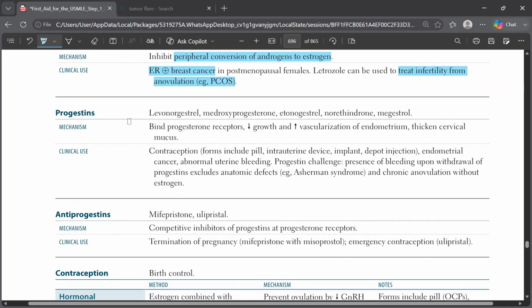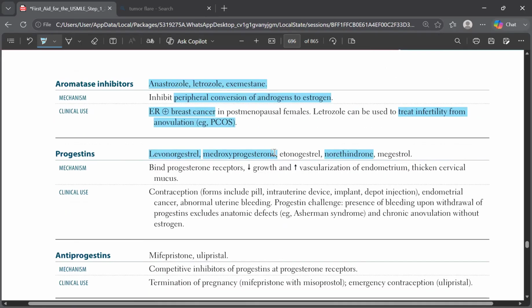The next are progestins, which include levonorgestrel, medroxyprogesterone, etonogestrel, norethindrone, and megestrol. I have studied levonorgestrel, medroxyprogesterone, and norethindrone somewhere. I've also read about etonogestrel and megestrol, but not that much.